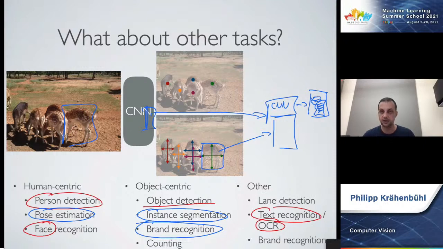Now, a different way to use detections is in counting, where you could just sum them up. Maybe you look at the confidence of each of the detections when you do this. And then there is also lane detection, which is an outlier because you don't detect objects, but you can use an object detector and modify its output space to detect drivable areas or lanes.